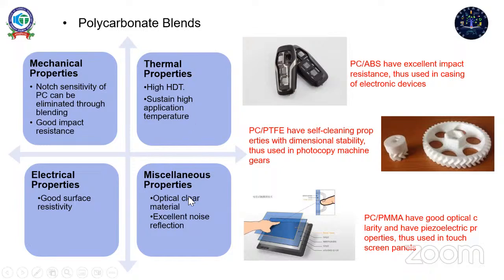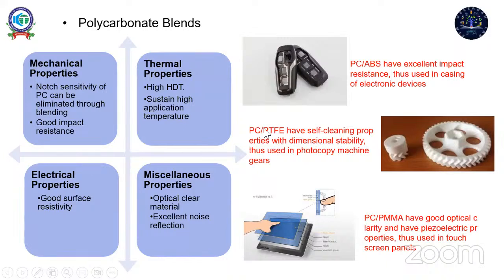And when we talk about clarity, polycarbonates are optically clear materials and they exhibit excellent noise reflection. Okay. So therefore, polycarbonate when blended with ABS can give you good impact resistance. Therefore, it is used in the casing of electronic devices.